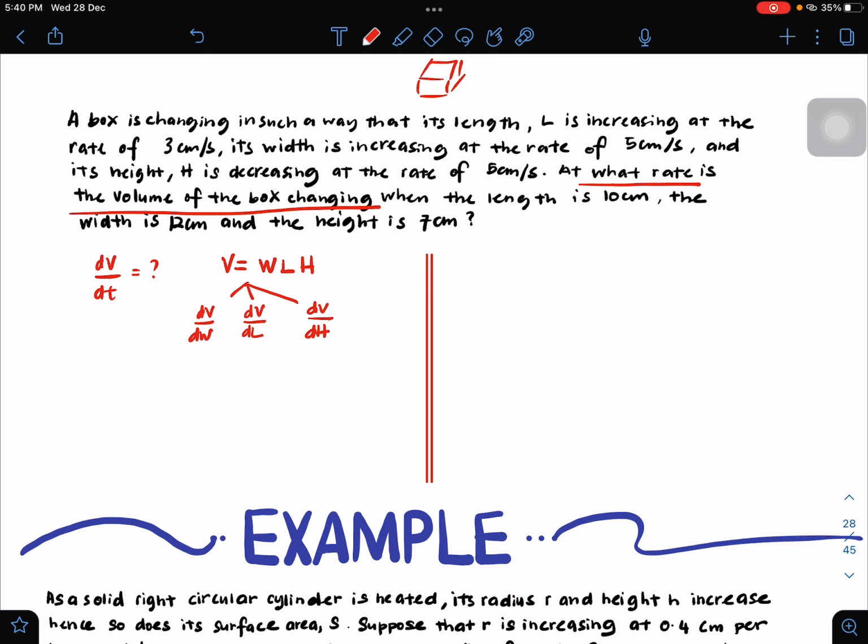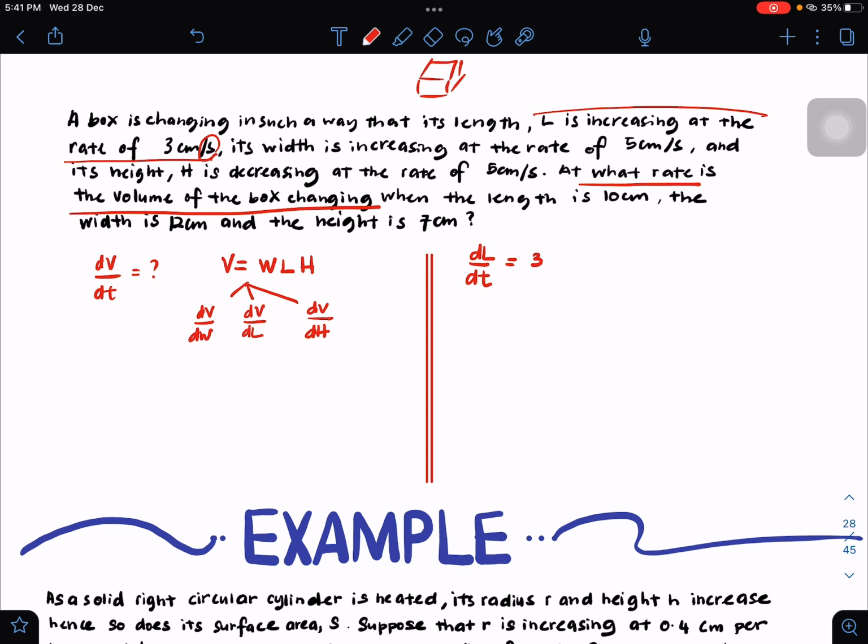The question gives you L is increasing at the rate of 3 cm per second. L adalah length. Dia kata length bertambah pada kadar 3 cm per second. So you see per second means per masa. So ini adalah perubahan length kepada masa, which will give you dL/dt, perubahan length kepada masa iaitu 3.